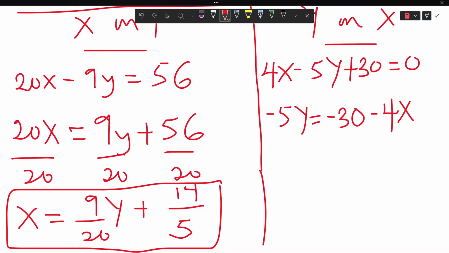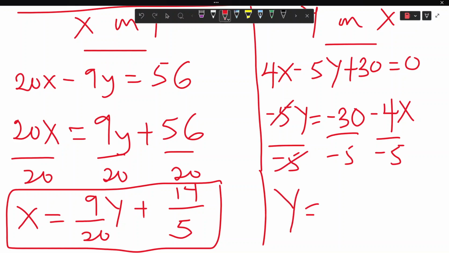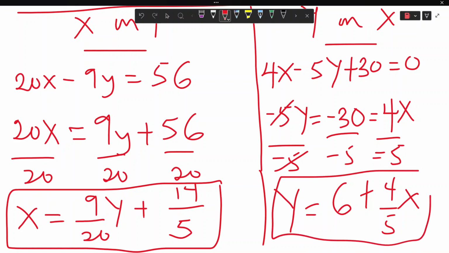We divide through by negative 5. Now y is equal to negative 30 divided by negative 5, we are getting 6. Then here is another negative, which is giving us plus 4 over 5. Yes, so we are done with equation y on x.